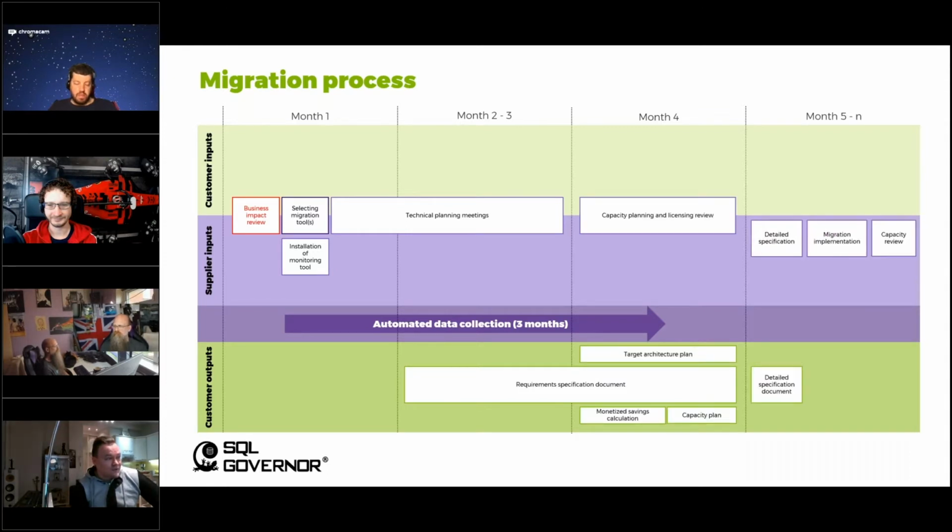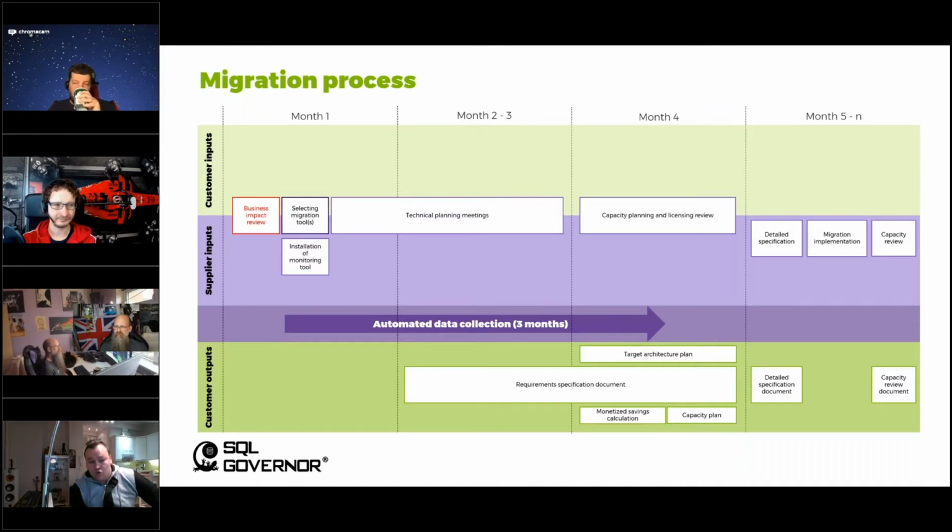So this is the whole big picture of the whole process. We went through last time these individual points here, like selecting migration tools, technical planning meetings, capacity planning, detailed specification, migration implementation, and so forth.